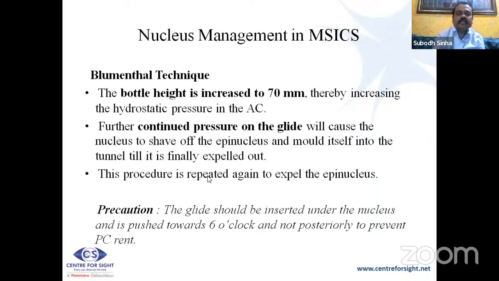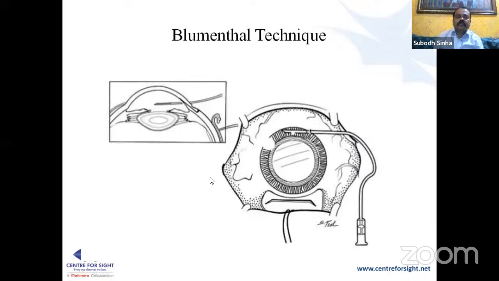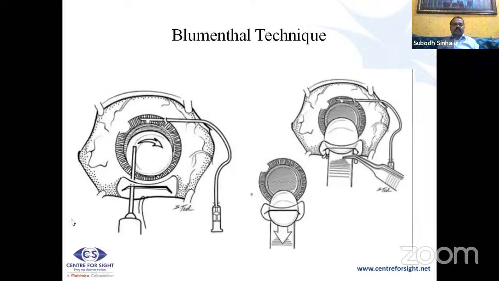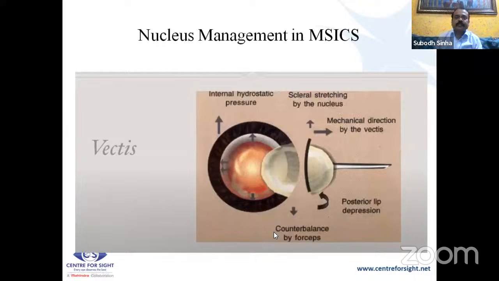The same technique can be used to expel the epinucleus. So this is the AC maintainer, which you have inserted at the 6 o'clock position. Once you have prolapsed the nucleus, you introduce a sheet glide, press it, raise the bottle height, and the nucleus will come out.